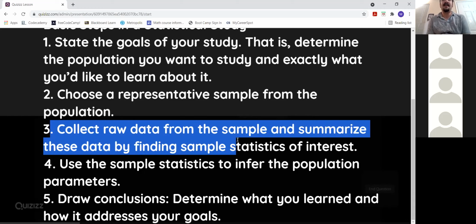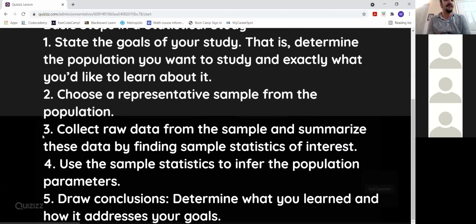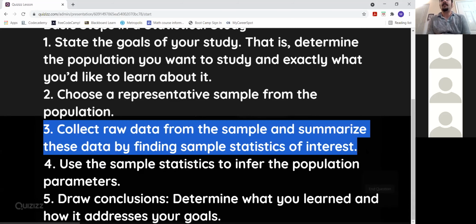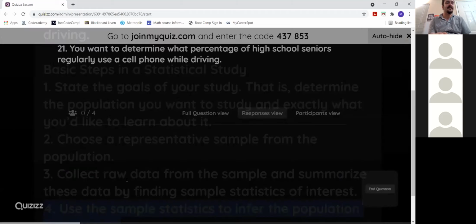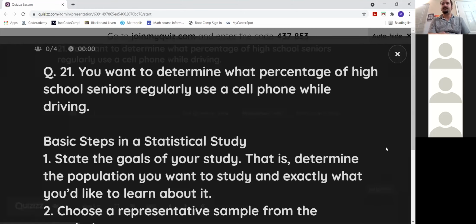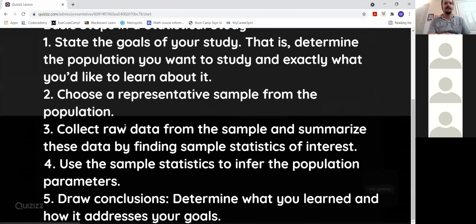So collect raw data. This sounds like where we're giving them the quiz and asking them whether or not they use their cell phone. Step 4 is where we take that number that we got from number 3 and we try to say something about how those 12 people are going to represent those 300 people.